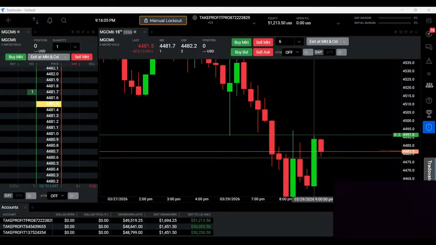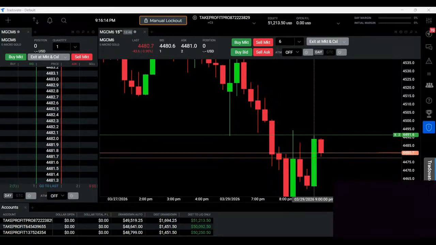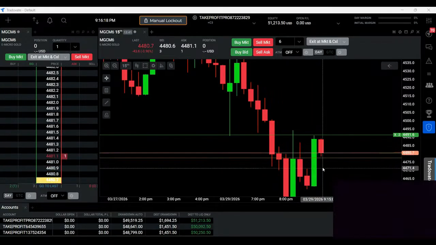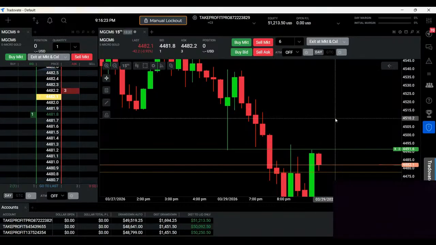Deep pullback. So now my stop can be right under that wick. My stop can be somewhere down here, and when I get activated, I can bring it here. And that should be good.